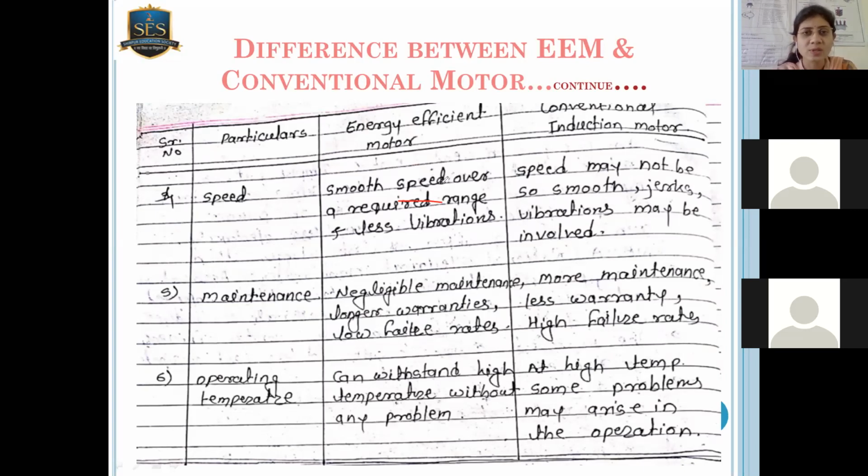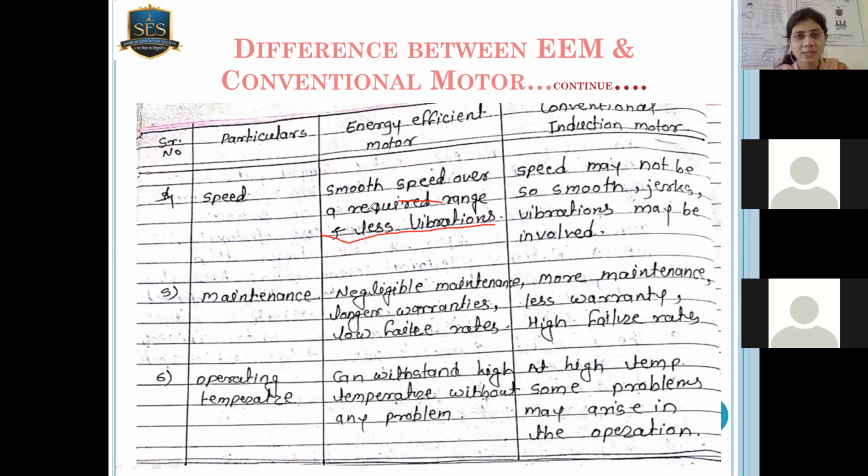If we use the soft starter, then this motor can be run smoothly, with smooth speed over a required range and less vibration. So soft starters can be used to reduce or avoid the jerky operation of the motor.